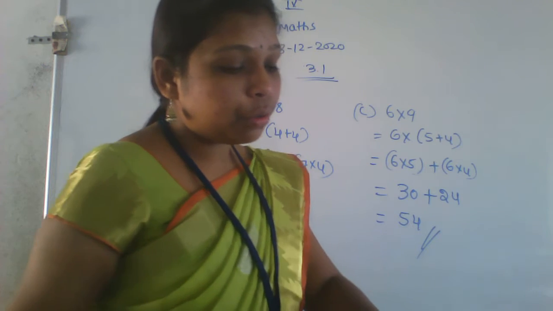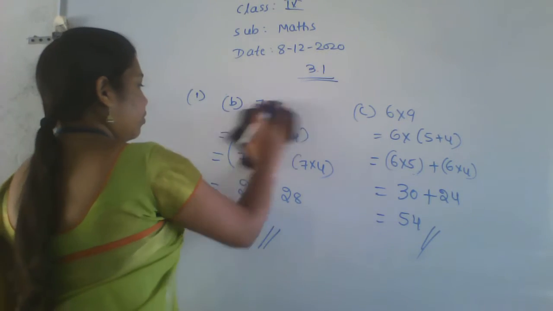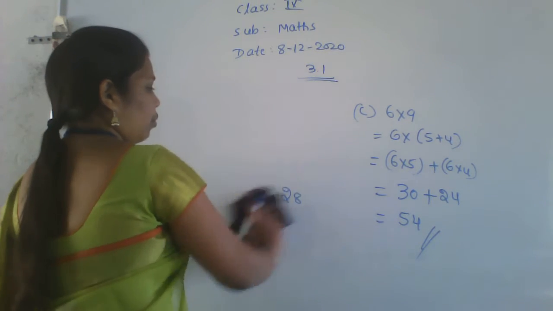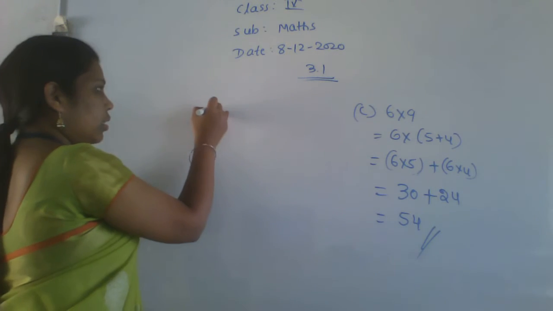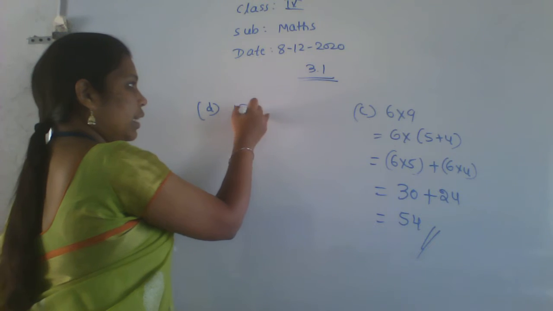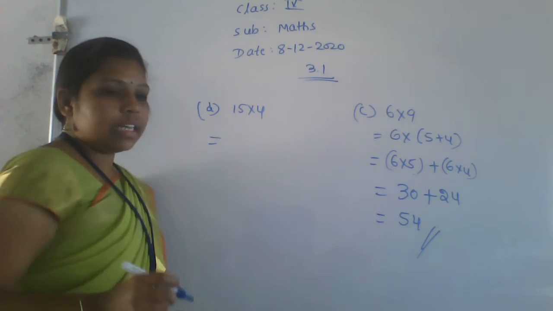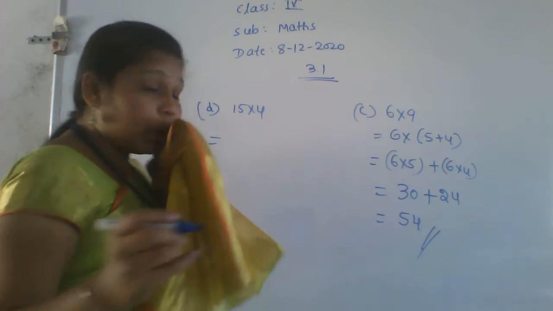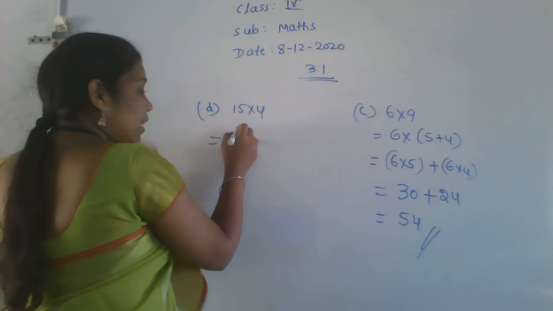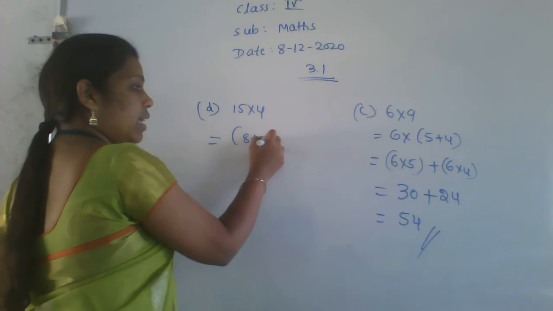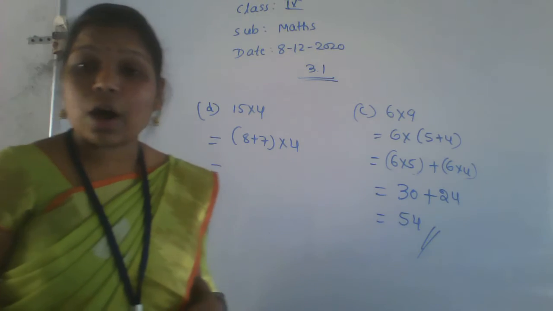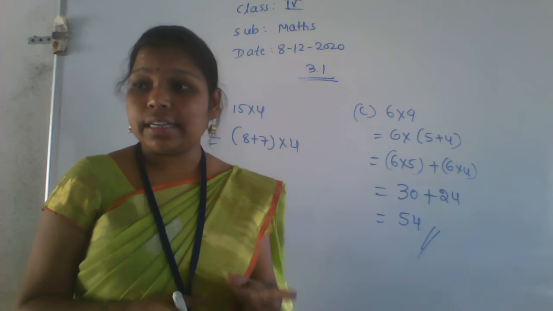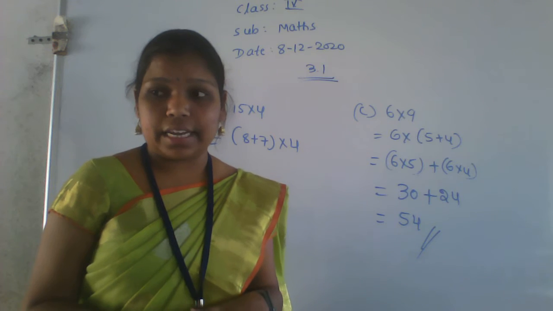Okay, next one, 15 into 4. 15 into 4. 15 is the bigger number. Now we have to break it up here. That is 8 plus 7 into 4. 8 plus 7, how much? 8 plus 7 is 15.